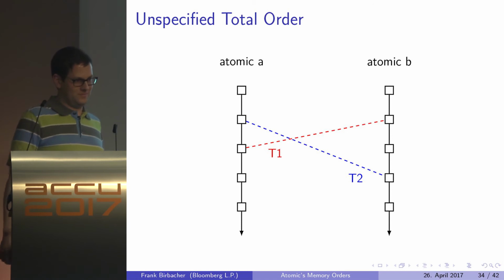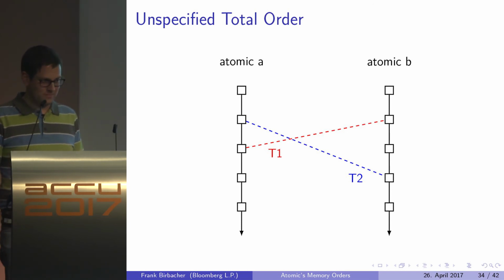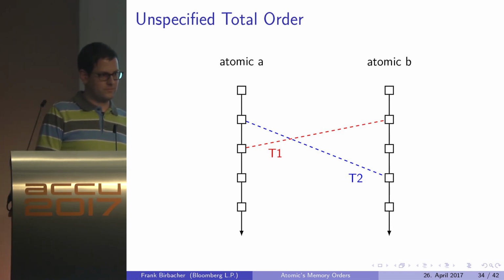What happens if I have the shared variable C, and atomic A loads the address of C and does some kind of reading of the contents of C, and atomic B likewise loads the address of C and does a reading?